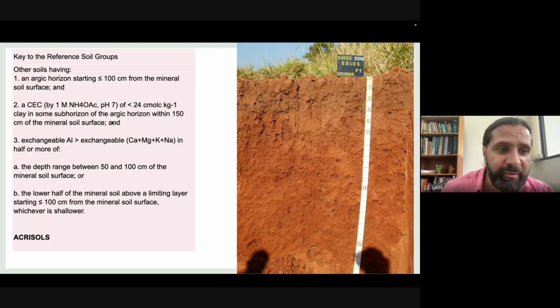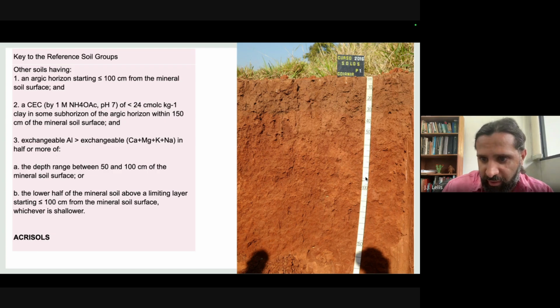Okay, and the exchangeable aluminum is higher than the exchangeable bases in half or more of the depth range between 50 and 100 centimeters below the soil surface.